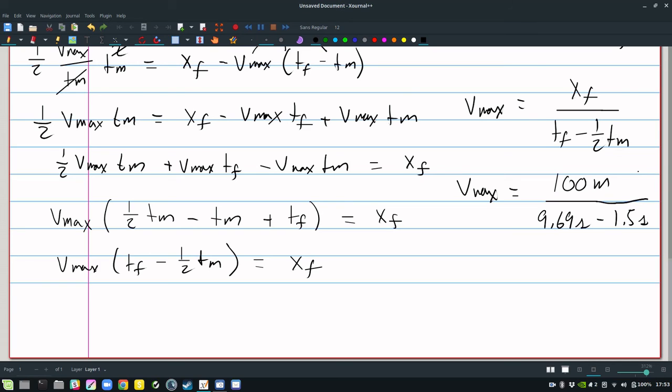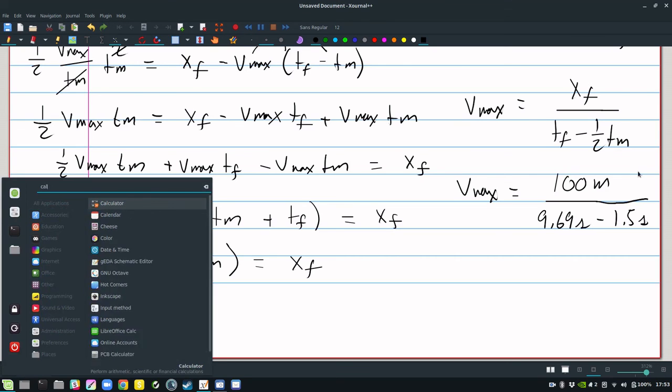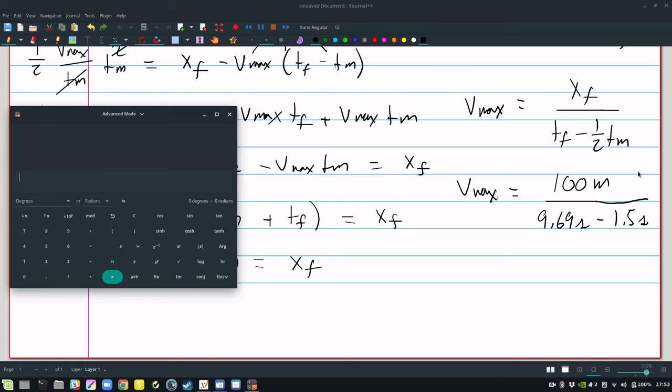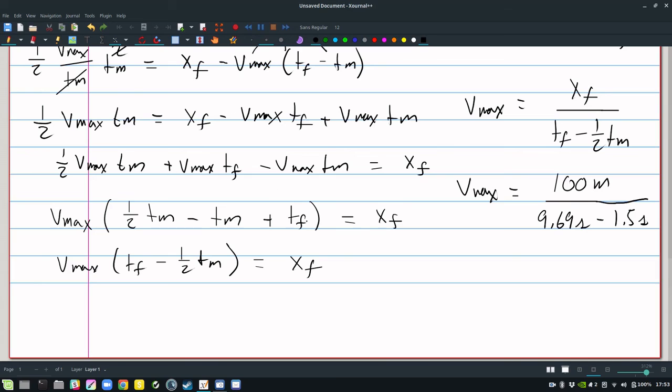So if we do that, we get an answer. So I'll do 100 divided by 9.69 minus 1.5, and we get about 12.2 meters per second for v max. So v max is 12.2 meters per second.